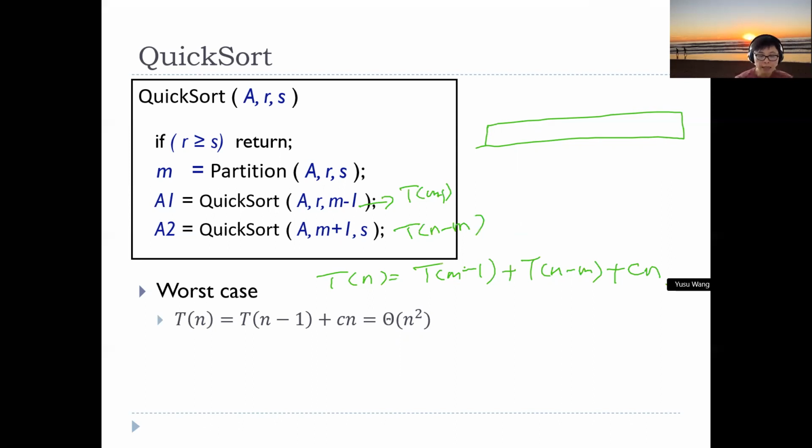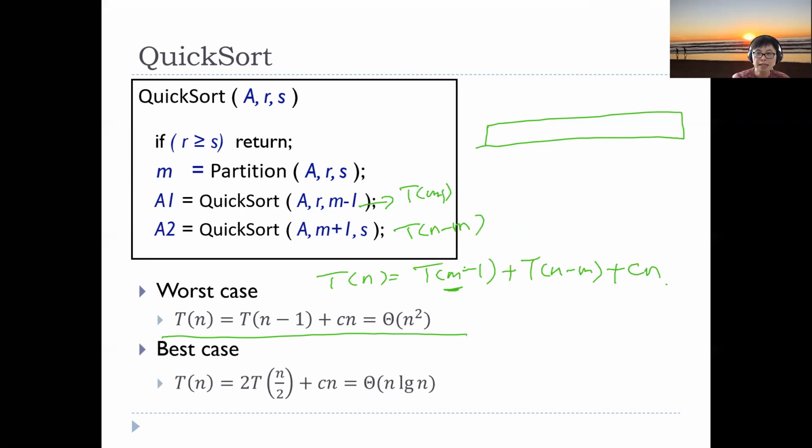The worst case is that, again, the split is not balanced. Then you get this recurrence, and that solves to quadratic running time. But intuitively, the best case is that you split in the middle. That's then the same as the merge sort recurrence. In that case, we get n log n running time.